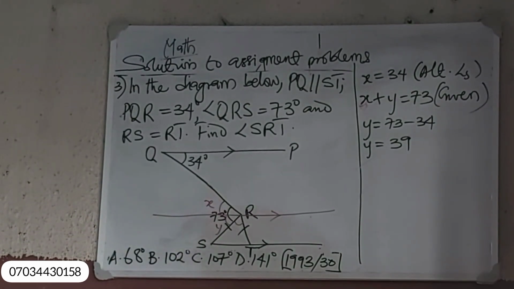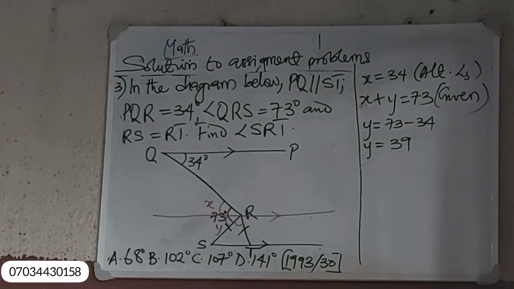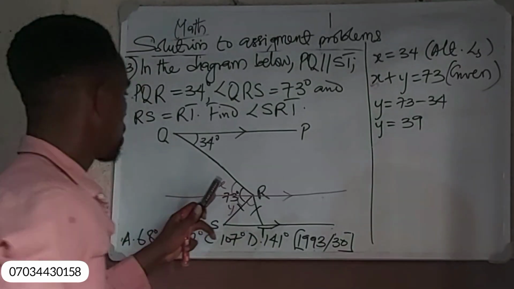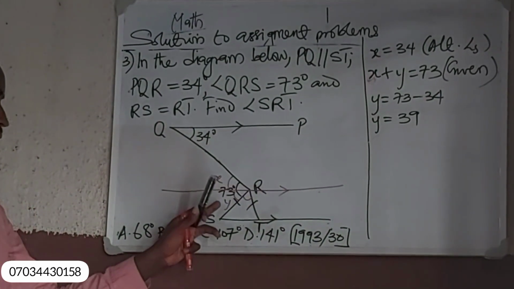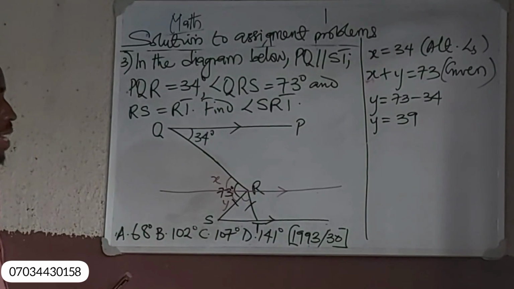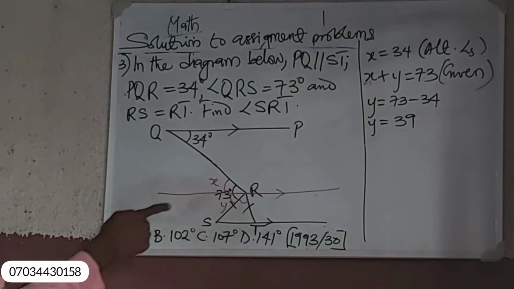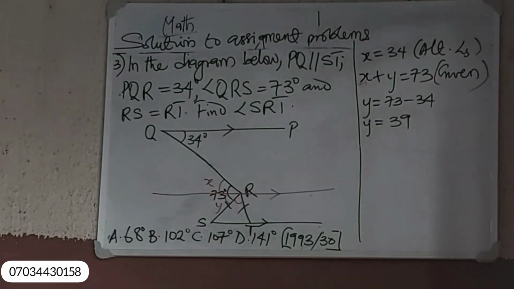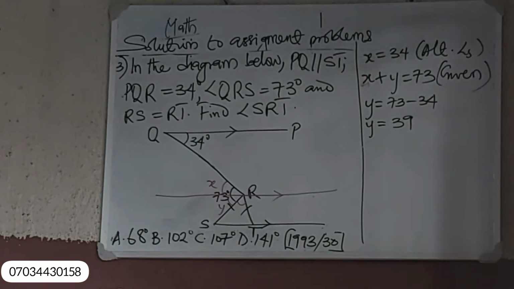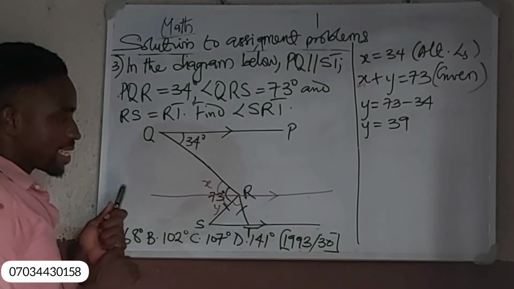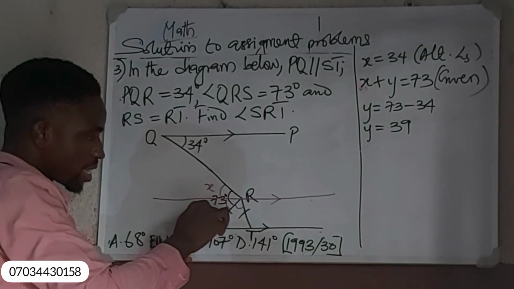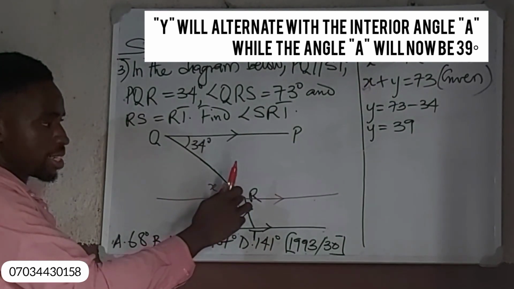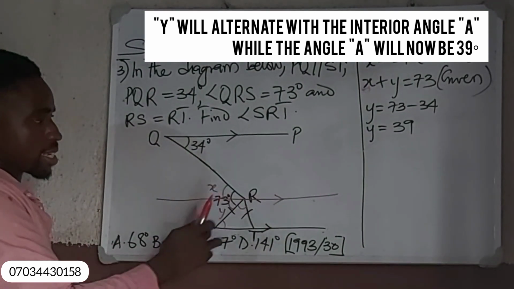So it means that y is 39. And then once we have y, y will alternate with an angle here, this interior angle. Remember, y is not an exterior angle to this triangle because this is not a straight line, it's not an extension of any side of this triangle.